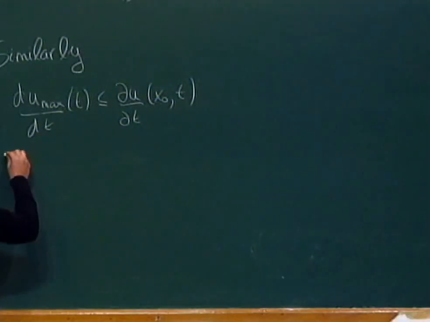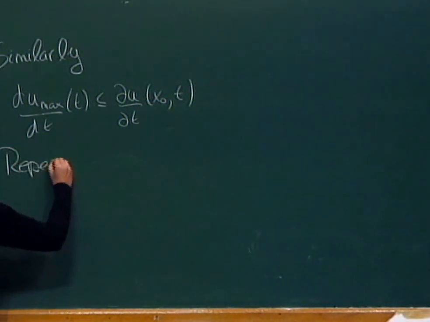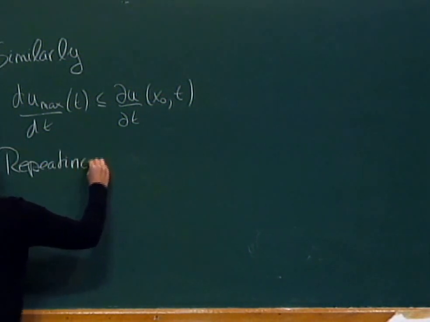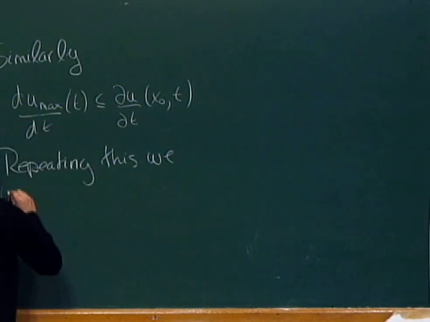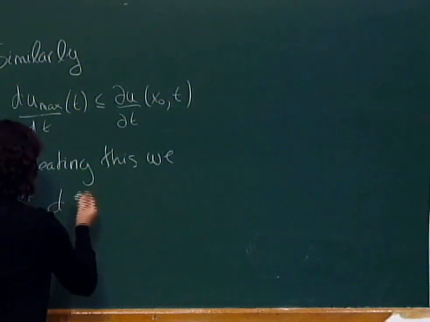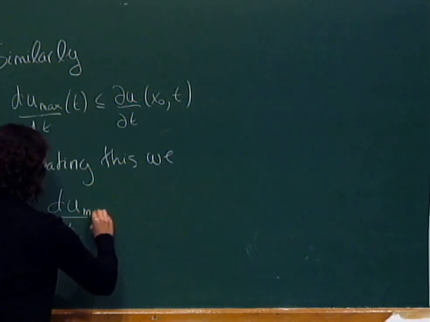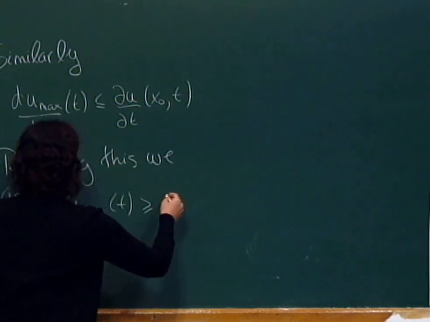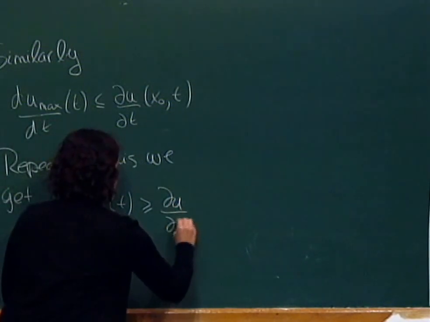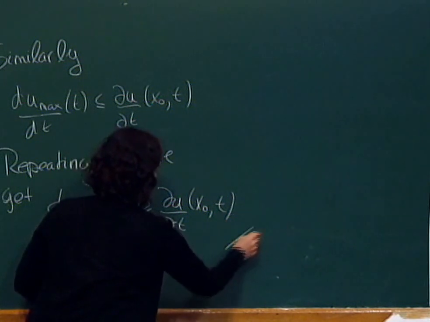So repeating this, we get that du max dt is bigger than du dt, and that's all we need.